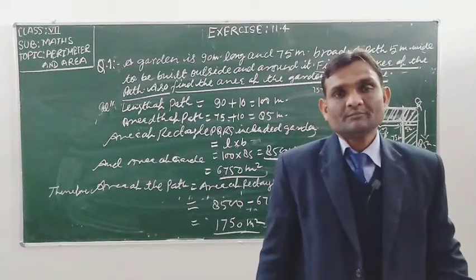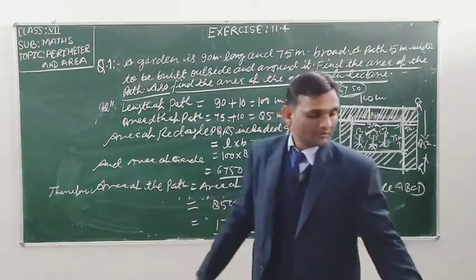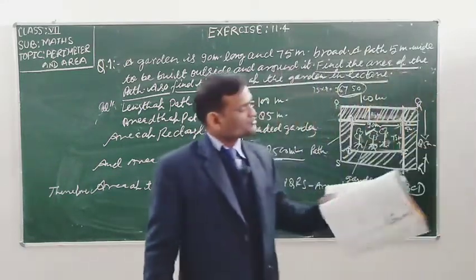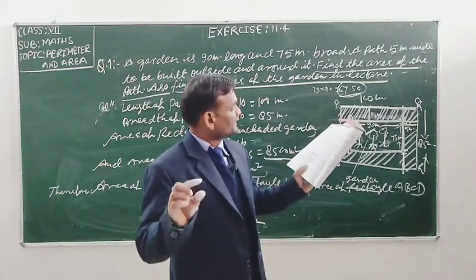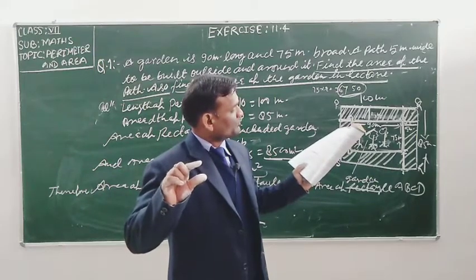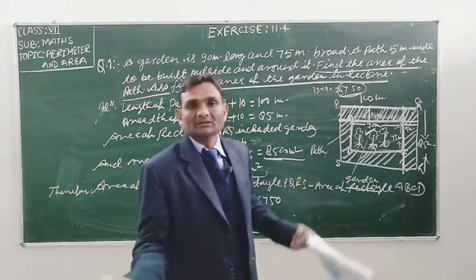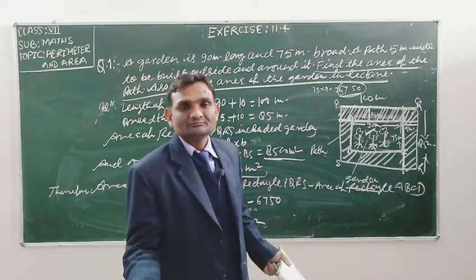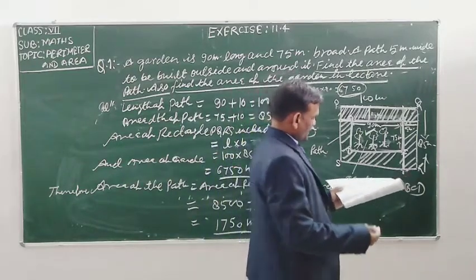Student, same type questions are given in your book, as I am reading question number 2nd. Listen, a 3 meter wide path runs outside and around a rectangular park of length 125 meter and breadth 65 meter. Find the area of the path. Same question. This is the rectangular park.